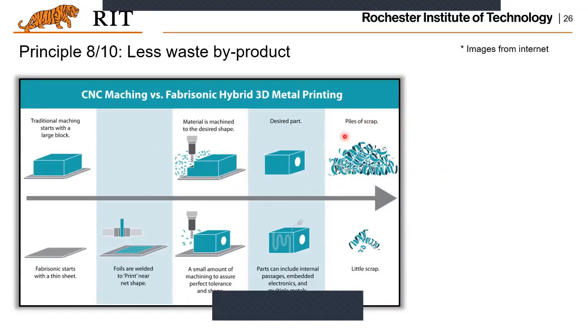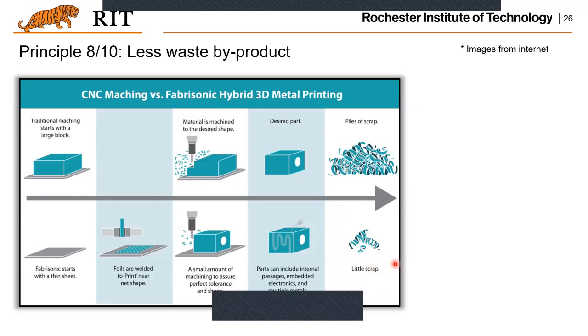That's the waste. And for the same part, if you 3D print it, you are adding layer upon layer. And of course, if you want to achieve a higher level of precision, that requires a little fine tuning for the printed part, but still the scrap compared to subtractive manufacturing is much less, right?